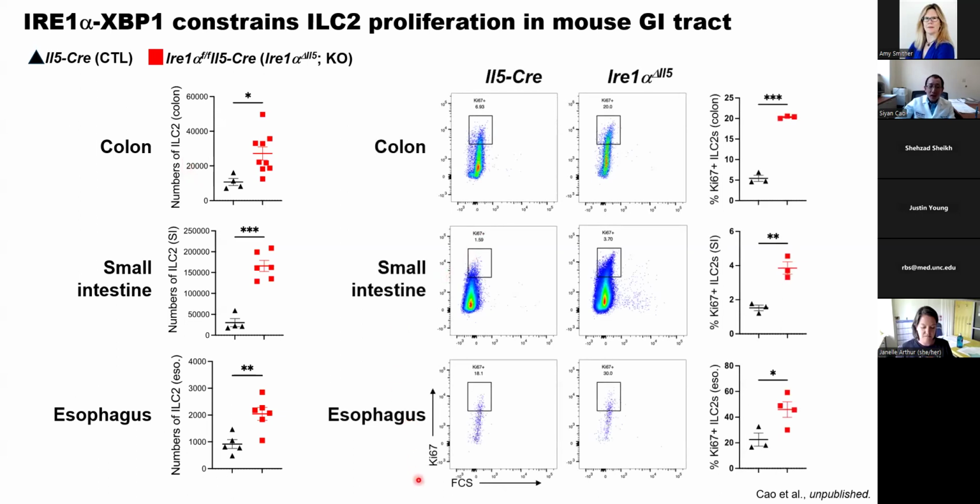Then I did flow cytometry to detect Ki67, which is a proliferation marker, and I found that the knockout mice express higher levels of Ki67. This data suggests that the IRE1-XBP1 pathway suppresses the proliferation of ILC2s in the GI tract.